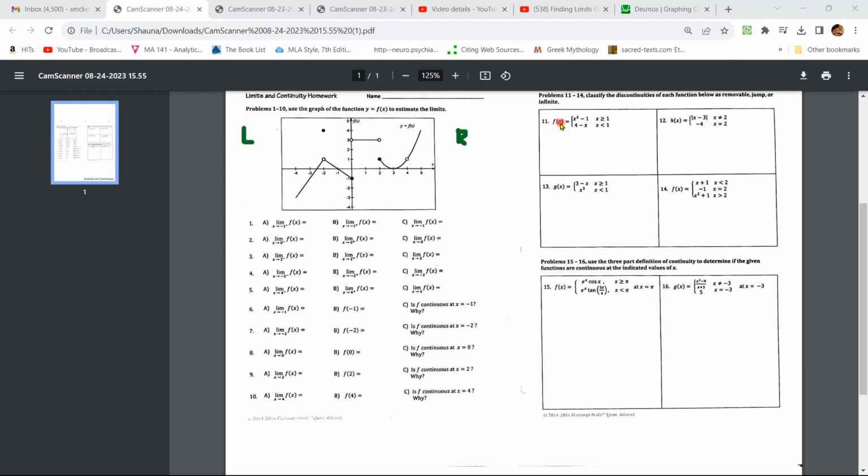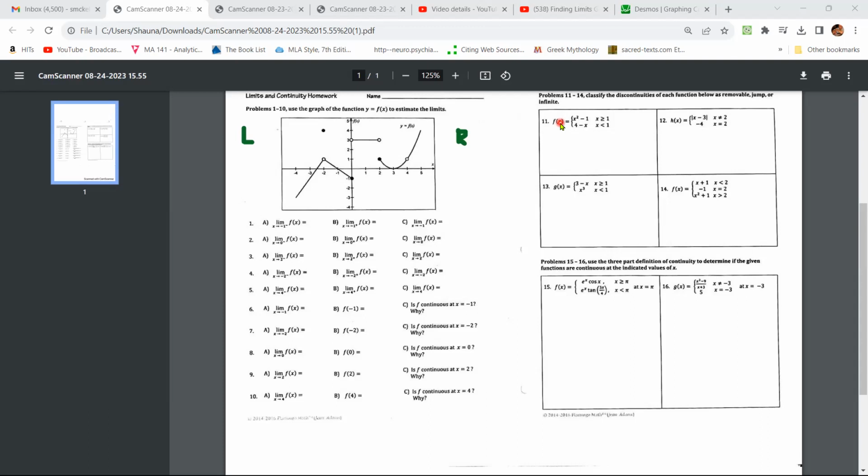Now the question is, do you know how to graph these? These are piecewise functions. Usually when you think about a function, you think about f of x equal to one rule, like x squared minus 1, or 5x plus 2, right?